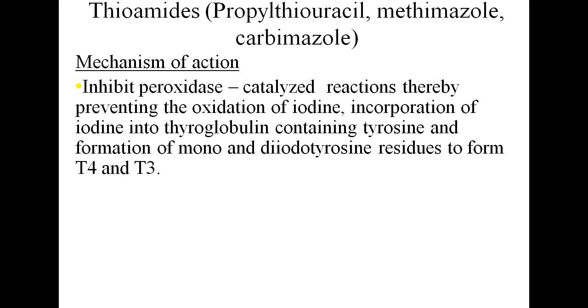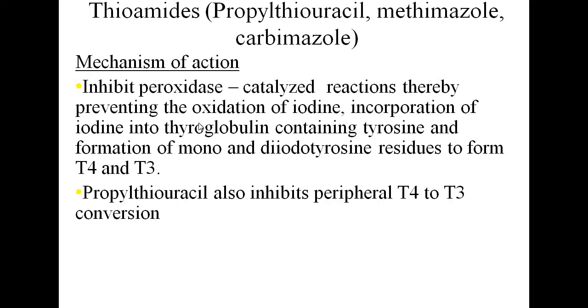So the peroxidase-catalyzed reactions, that is oxidation of iodine, incorporation of iodine into the tyrosine residues and formation of MIT, that is monoiodotyrosine, and diiodotyrosine, which finally form T4 and T3, are inhibited. In addition, of the three, propylthiouracil also inhibits the peripheral conversion of T4 to T3. This is important in the treatment of thyrotoxic crisis.